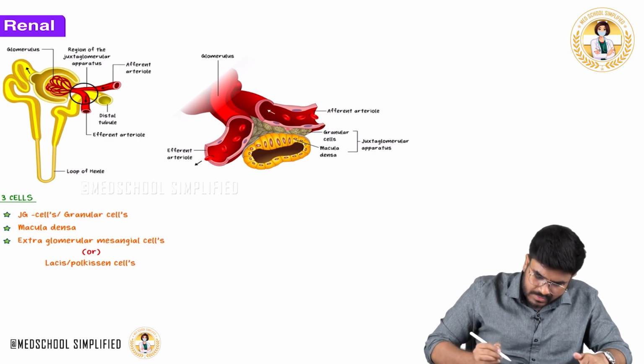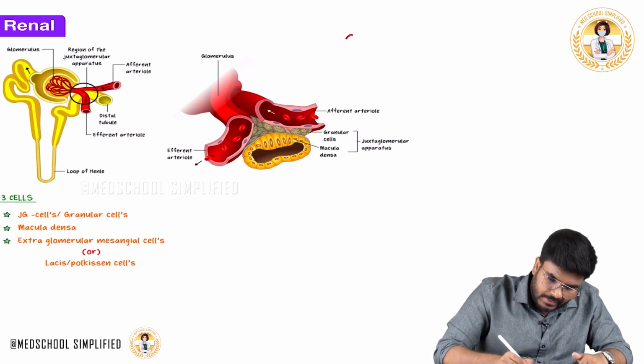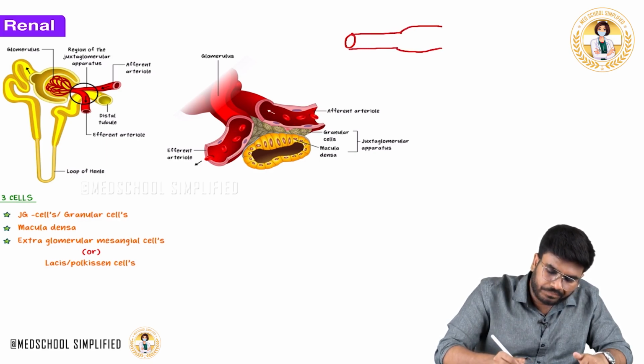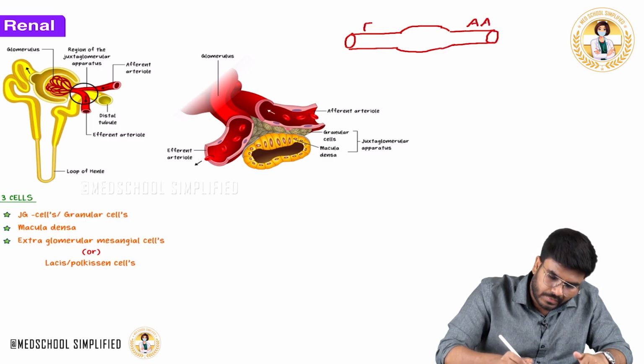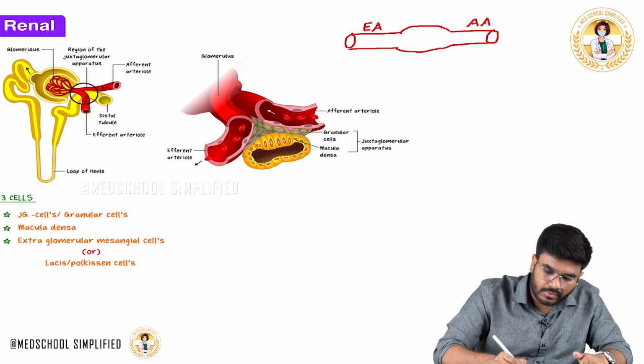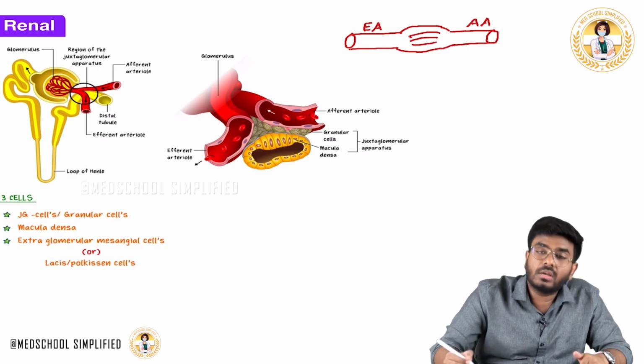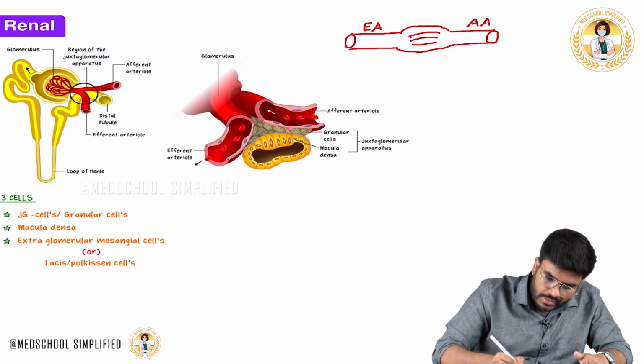Or let me draw a simple image. See, let's understand like this. Now, this is afferent arteriole. This is efferent arteriole. What are these blood vessels? These are glomerular capillaries. Okay. Now, what is the structure which is present over here?